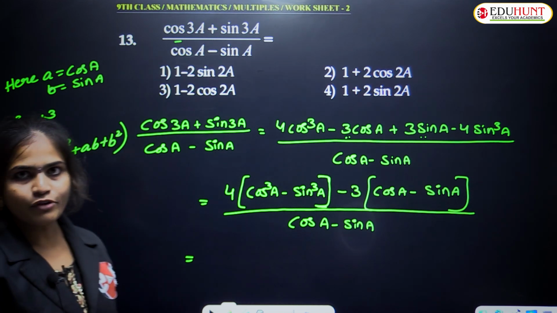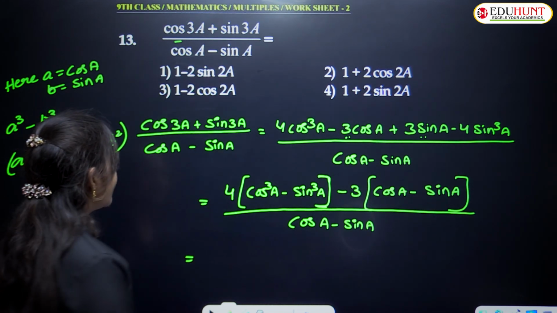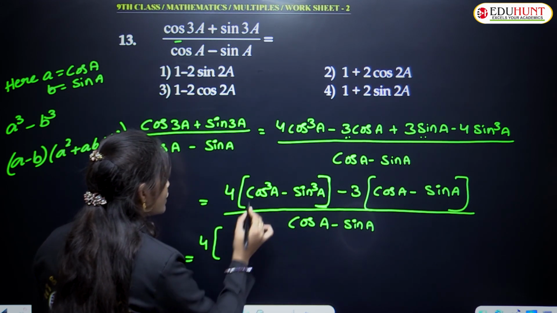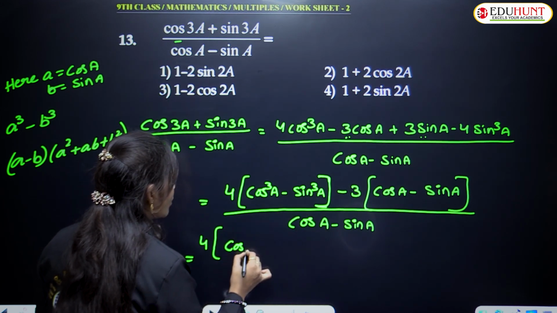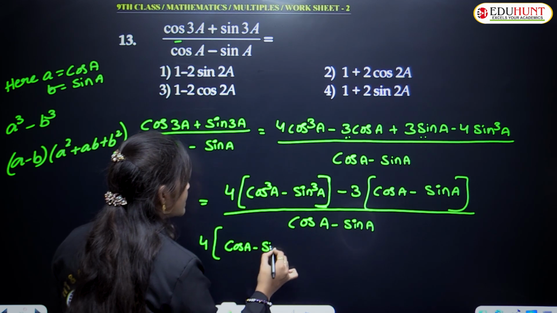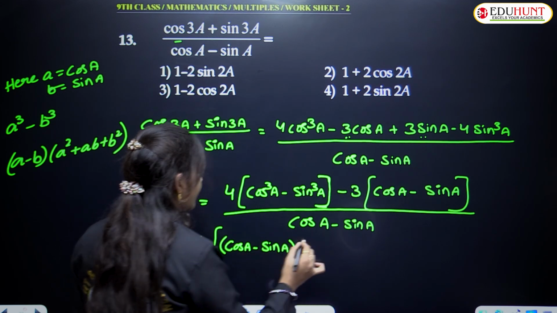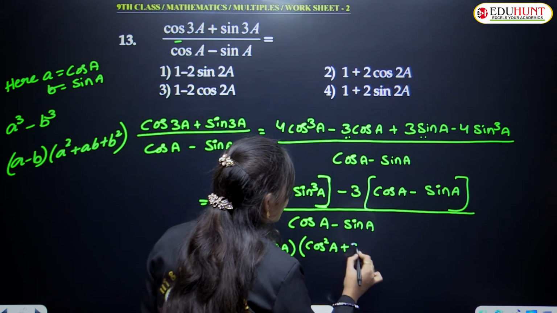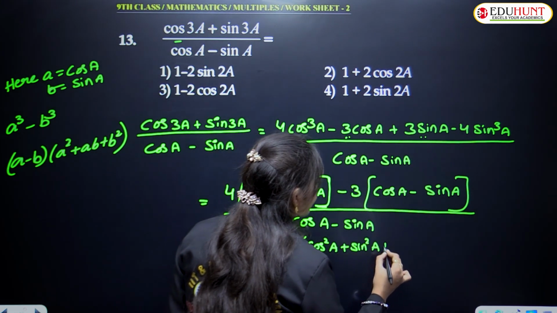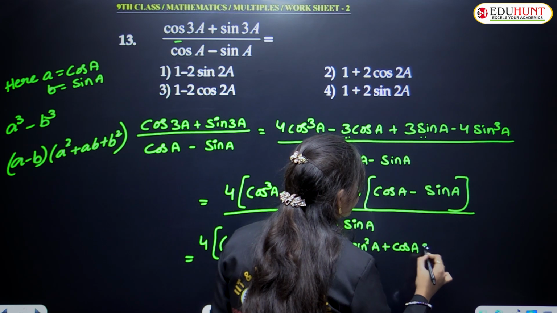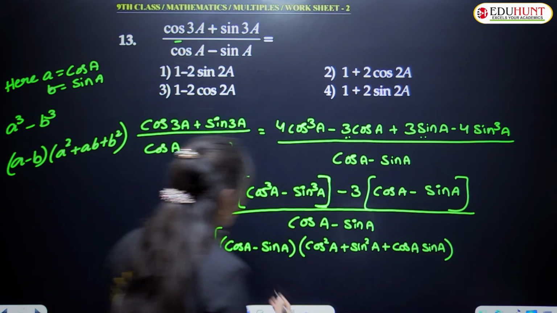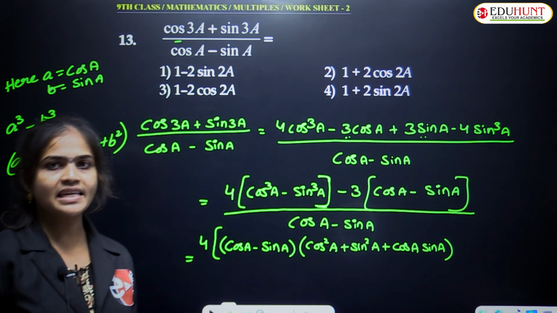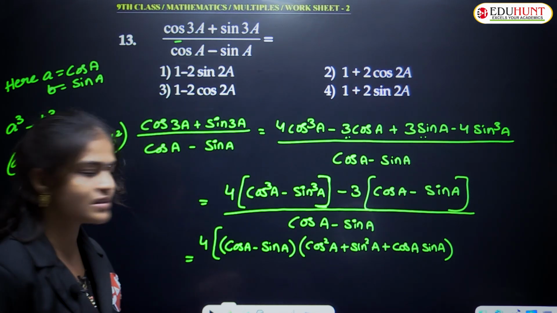So applying that formula, 4 into a cube minus b cube gives cos a minus sin a into cos square a plus sin square a plus cos a sin a. Understand? A minus b into a square plus ab plus b square, anywhere we can write like this.